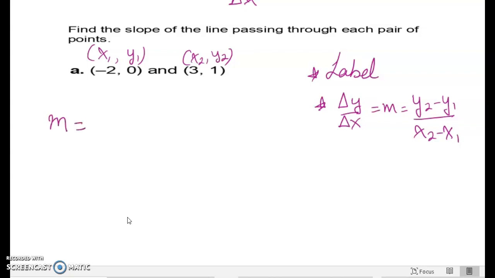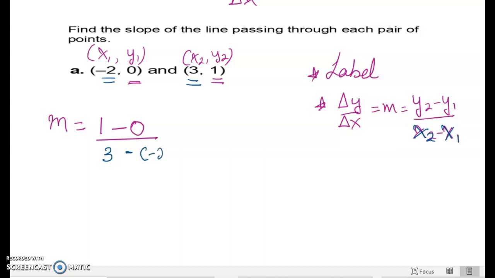m is equal to y2. What is y2? y2 is 1 minus y1, which is 0. Now I need x2 and x1. Let me change the color so that you can understand better what we are talking about. x2 is 3 and x1 is minus 2.